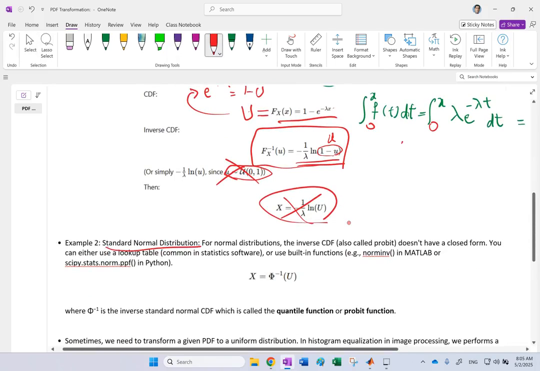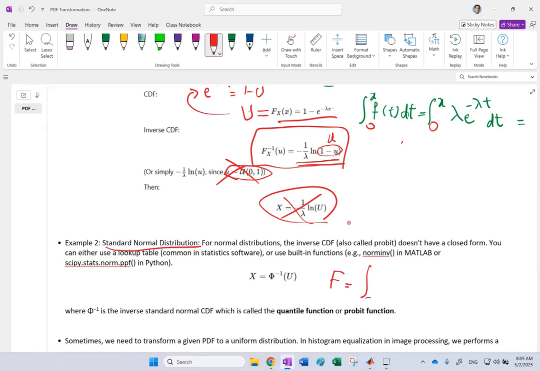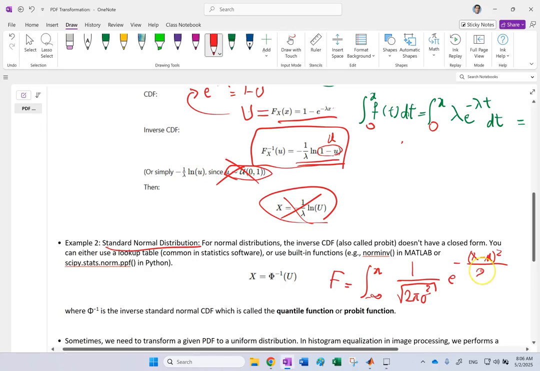In normal distribution, the CDF of x, okay, capital F, is integral from negative infinity to x of 1 over square root 2 pi sigma squared e to the negative x minus mu squared over 2 sigma squared.